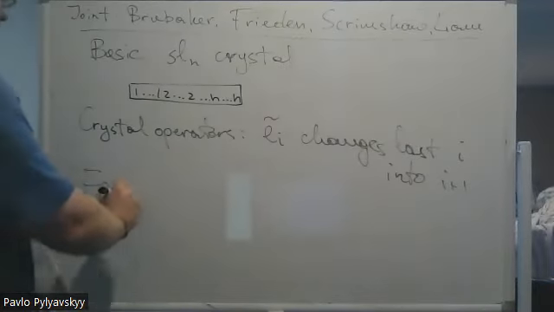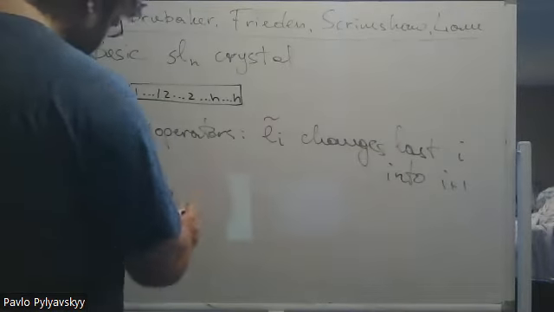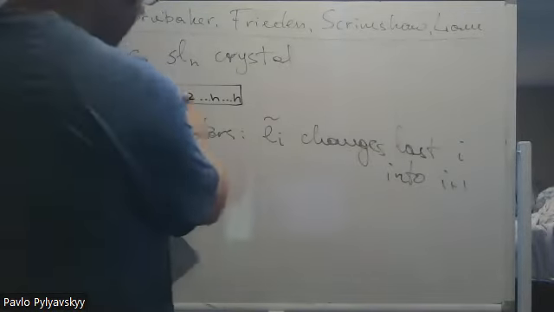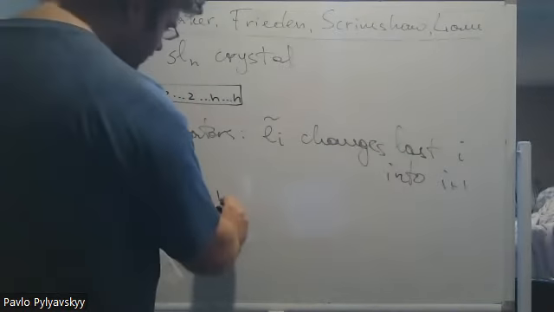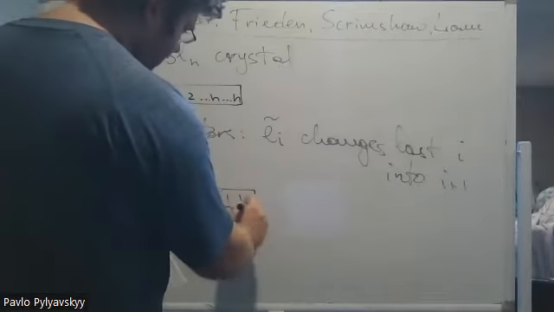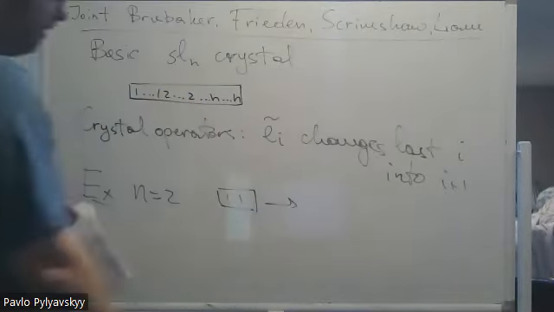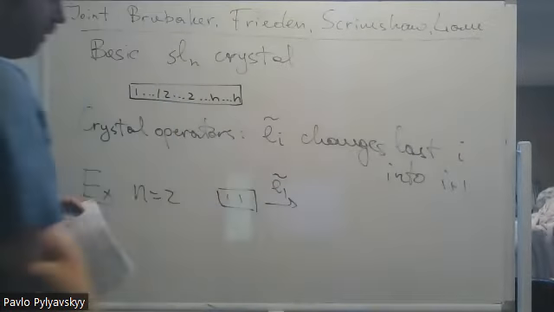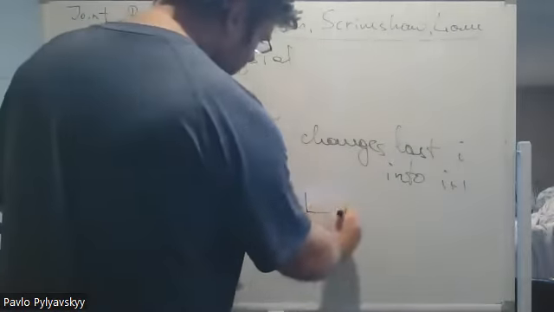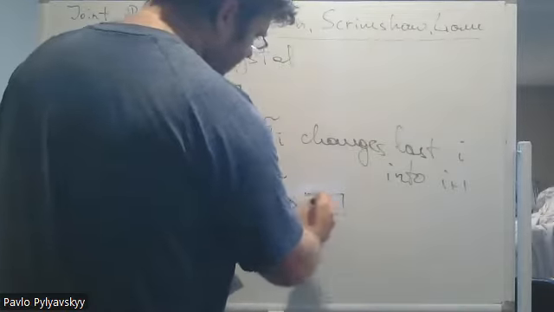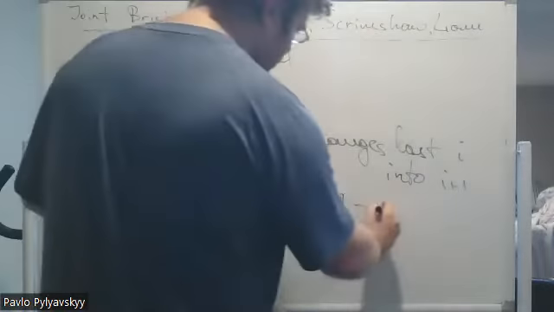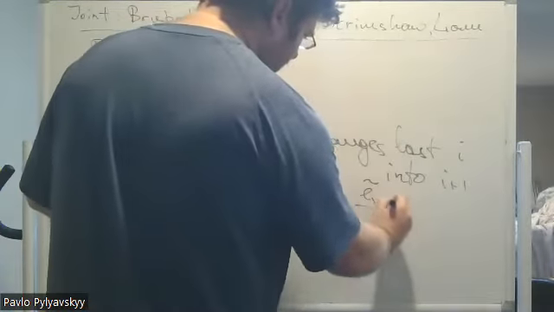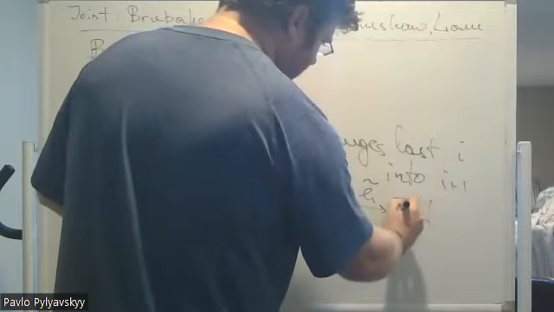For example, if we pick n to be just 2, and if we pick a row of length 2, then the picture would look something like this. Now we apply operator E_1 tilde and it changes the last 1 into a 2. So we get this, and then we apply it one more time. It changes it into this.